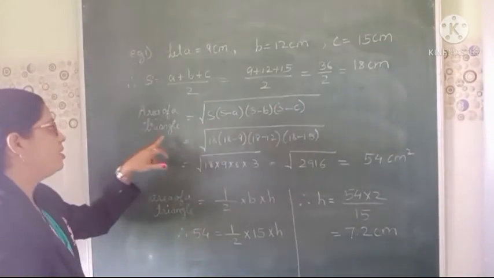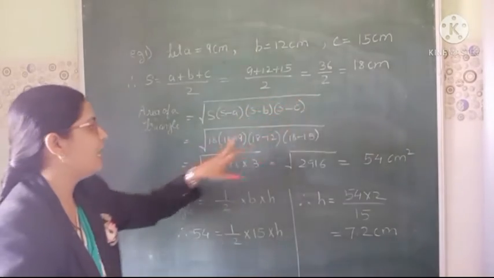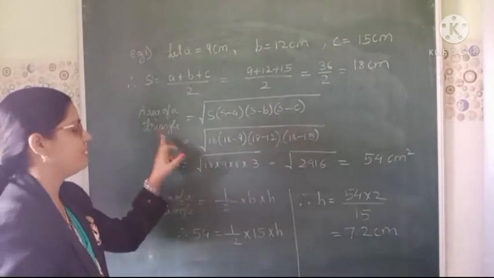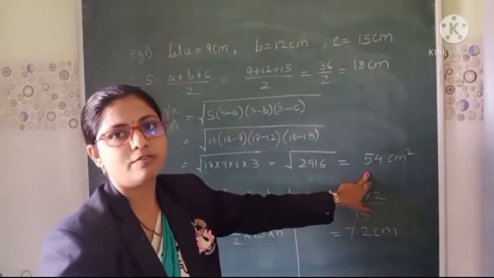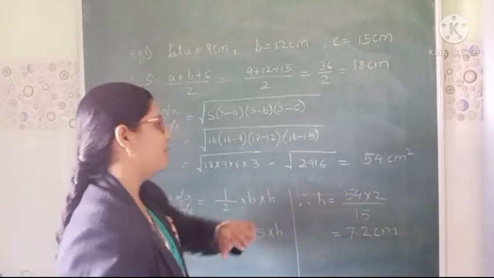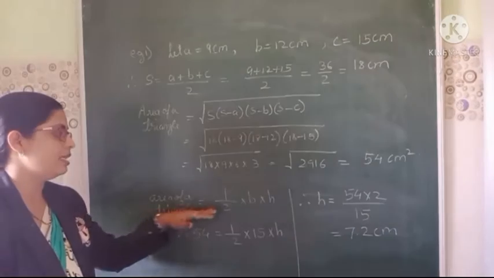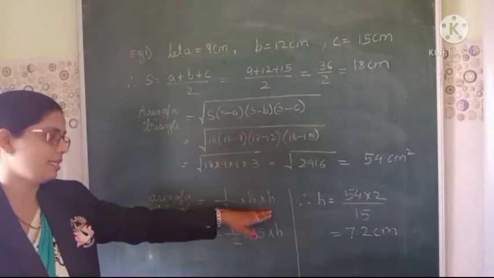Now area of the triangle, this is the formula. Put the value of S and find the area of the triangle. You will get 54 cm square. Then put this value in the formula which we have: area of triangle equals half into base into height.